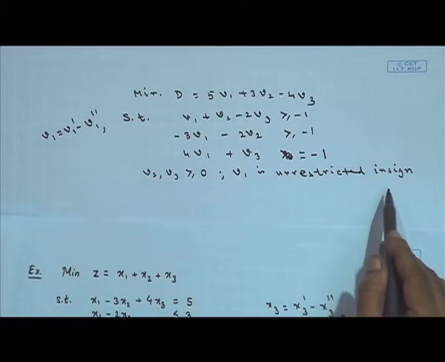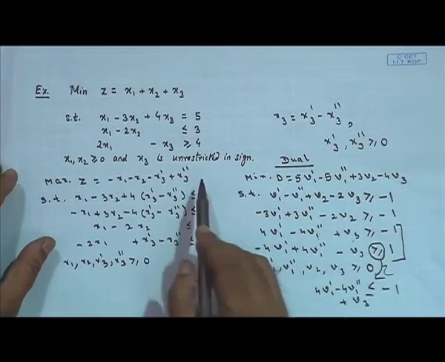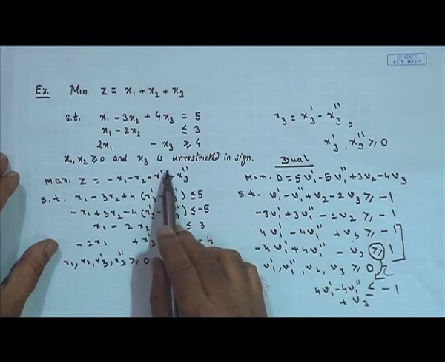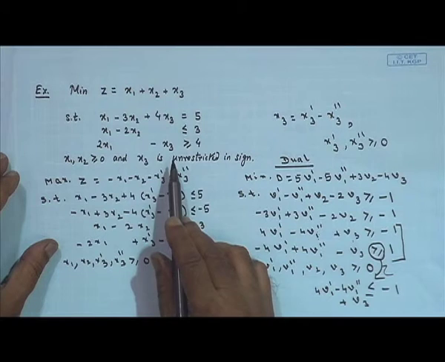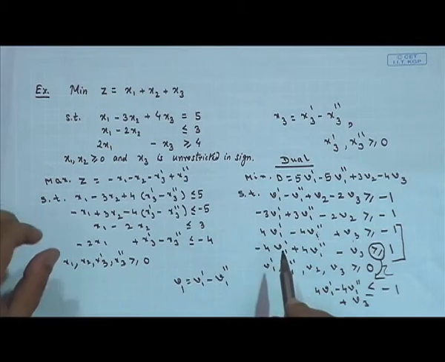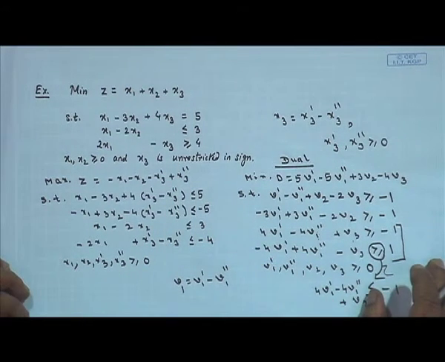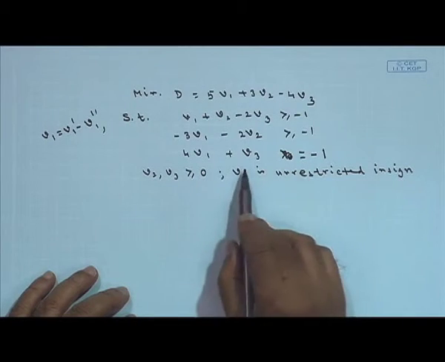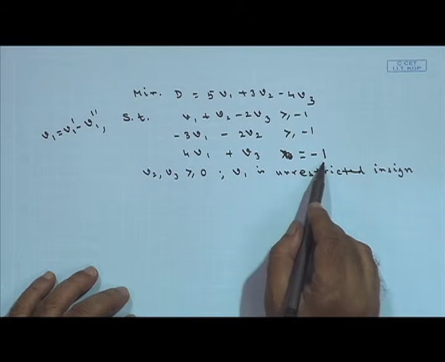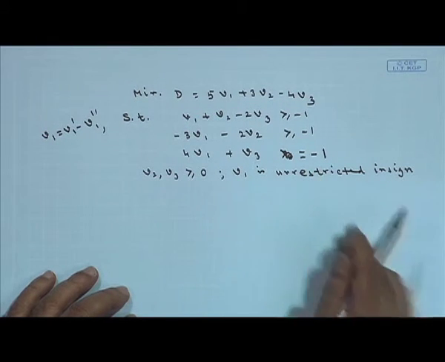Similarly, if one variable is unrestricted in sign in the original problem, then in the dual problem there will be one equality type constraint, which is true from here. If you see, we have one equality type constraint. So, I hope now you have understood how to convert an original or primal LPP into the corresponding dual problem. Now, let us see the other one.